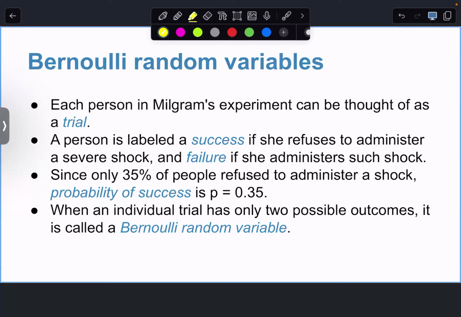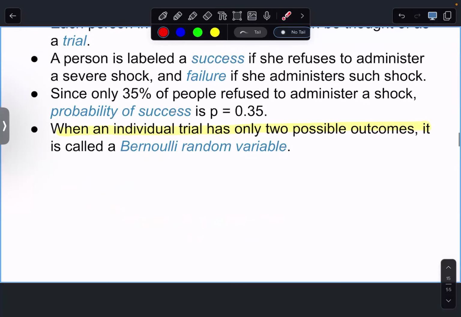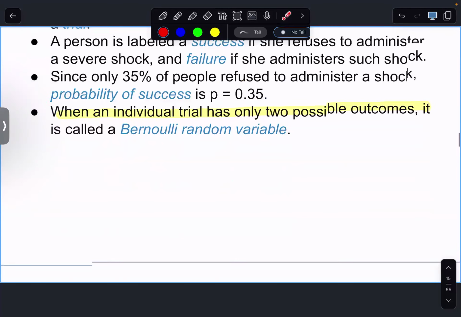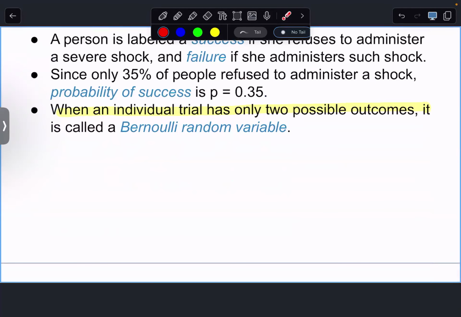And so when a trial only has two possible outcomes, we call it a Bernoulli random variable, but we also need that later on. And so we classify them as success or failure. And there's going to be some fixed probability of success, which we'll denote by P. Okay? And so that's probably all I need you to have. The geometric distribution, I'm not going to test you on.